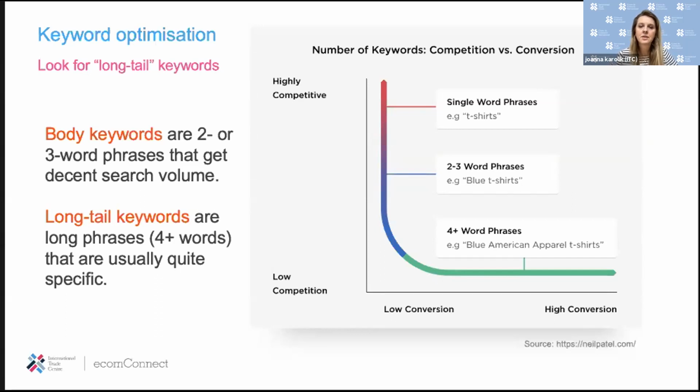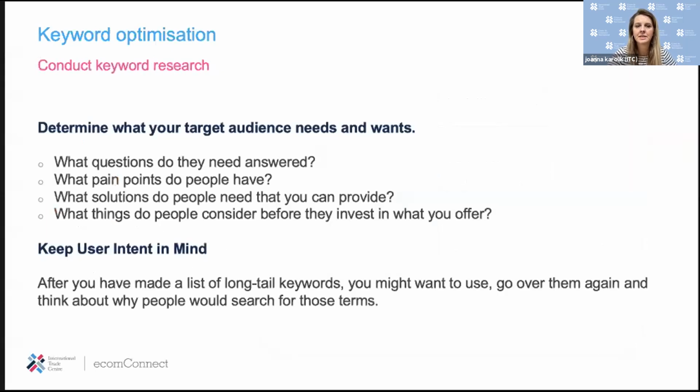It's more specific, so the conversion starts to get better. And then when you really target long tail keywords like blue American apparel t-shirts, you have more chance to have a higher conversion. So this is what we are talking about when conducting keyword research: focusing on these long tail keywords that are relevant to your business.